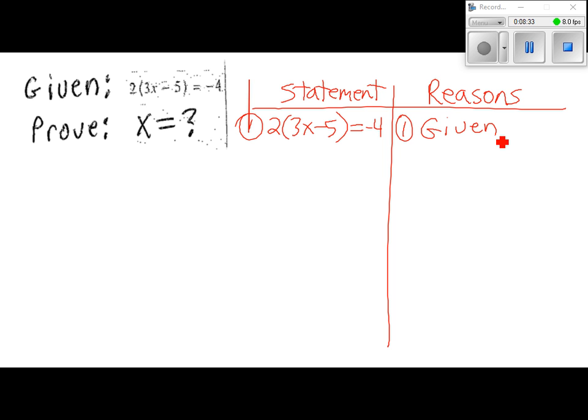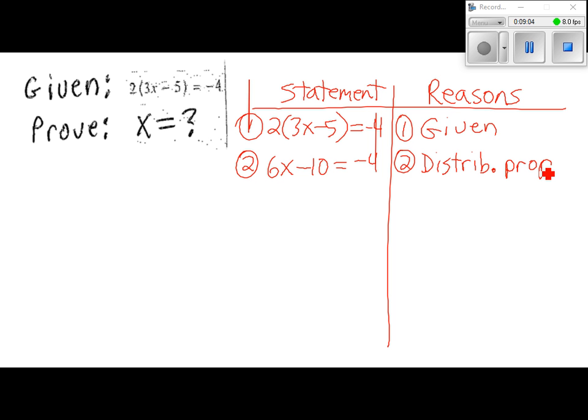Distributive property. 6x minus 10 is -4. And then you put distributive property. What are we gonna do next? Add 10 to both sides.